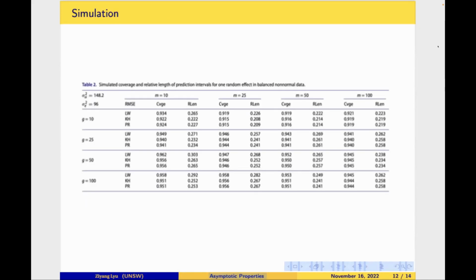And also right now the random effect E-BLUP is a consistent estimator, and then we can construct a confident prediction interval for that one. But Kackar, Harville, and Prasad and Rao are only point estimators, and also the expressions of the approximation are very simple and easy to write down and to do the calculation.